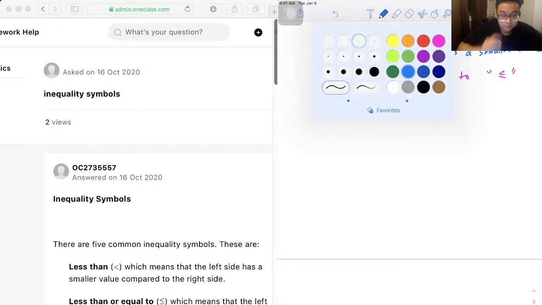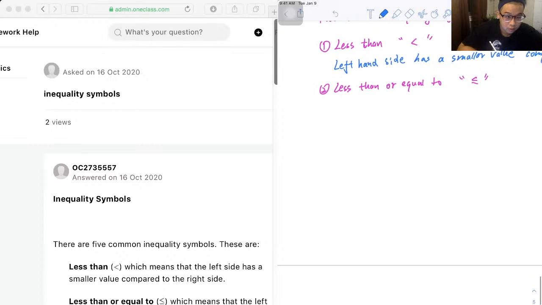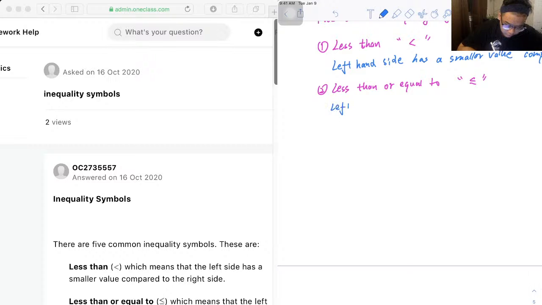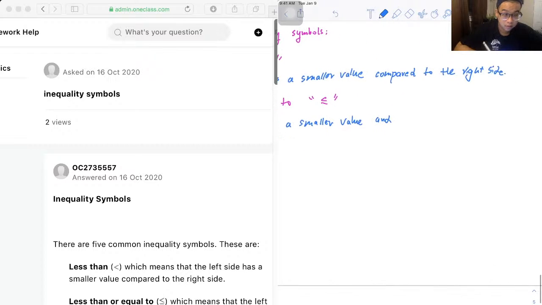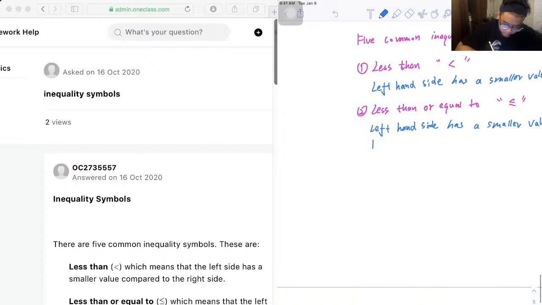And this means the left hand side has a smaller value and may be equal to the right hand side. Right.